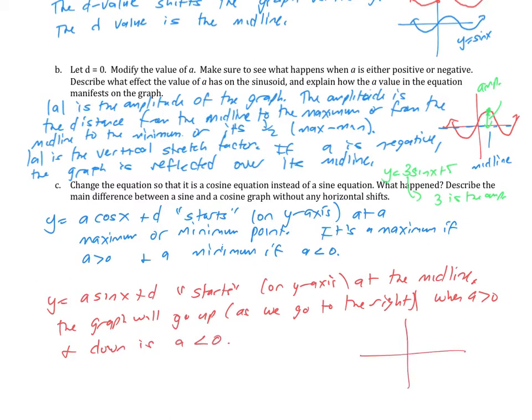Right, so if I have a sine function that looks like this, since this graph is going down through its midline, this will have a negative a value. Okay, let's flip to the next page.